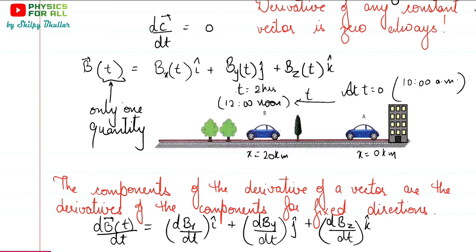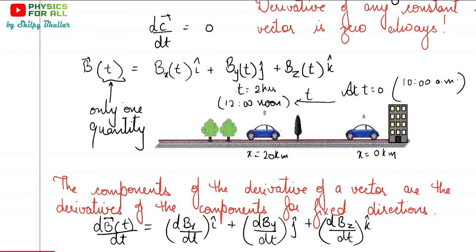But there could be other quantities also, like some distance, some direction, some other quantity. But the thing is, a derivative is always with respect to one quantity.